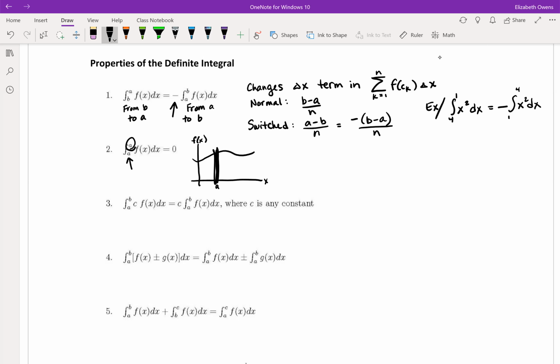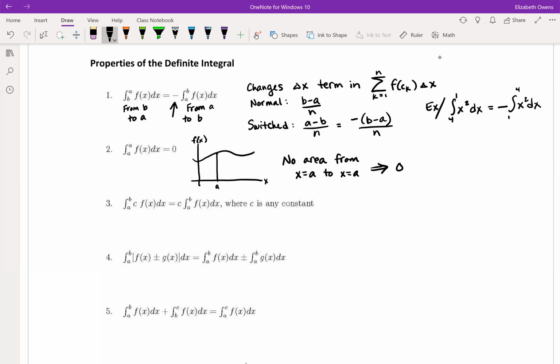Your limits are right on top of each other, so it doesn't go anywhere, and there is no area underneath the curve where that little vertical line is. There's no area being encapsulated. That's why this works out the way it does: there's no area from x equals a to x equals a because it's in the same spot. So our integral is going to be 0, no matter what constant a is. It works for any value.